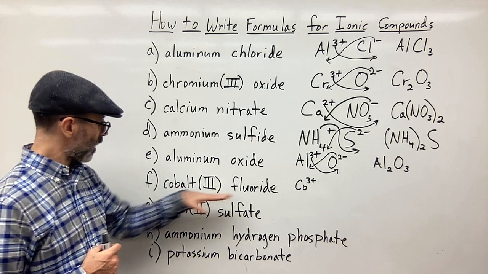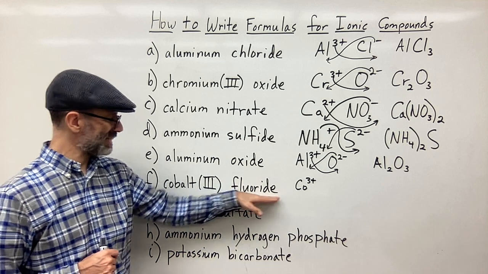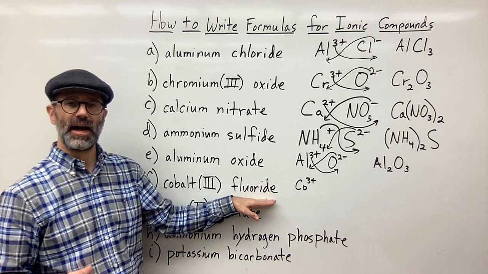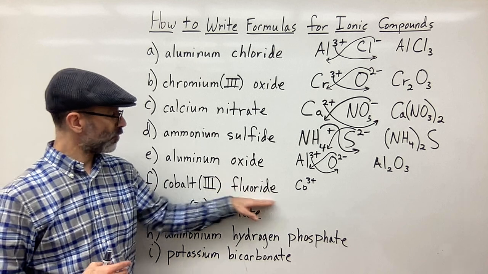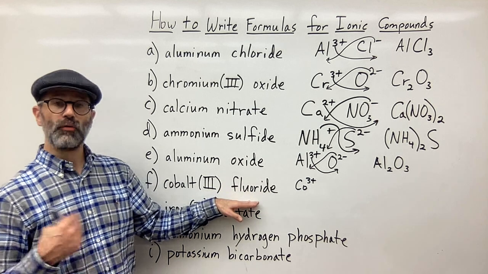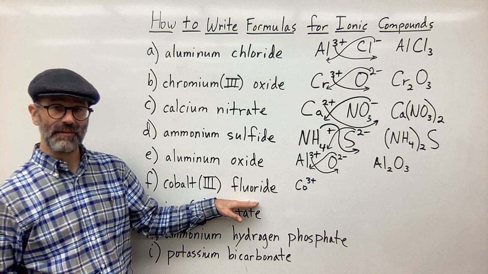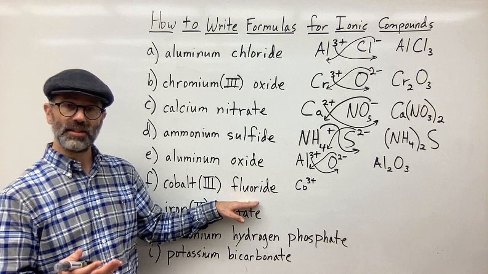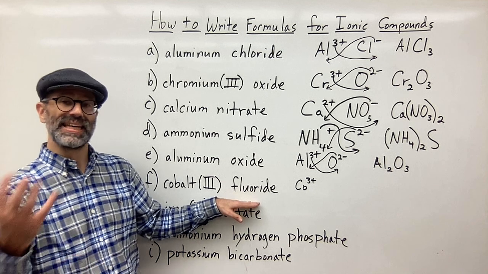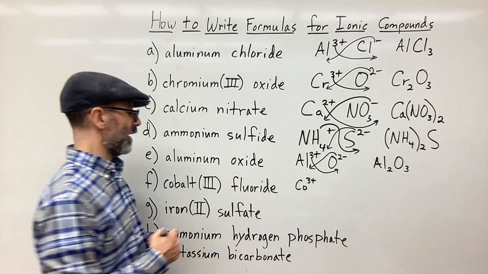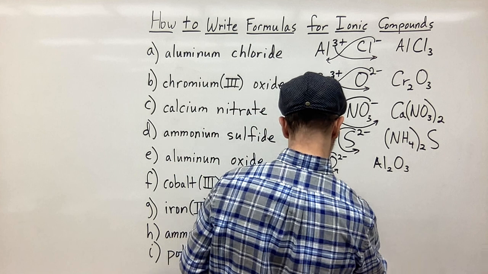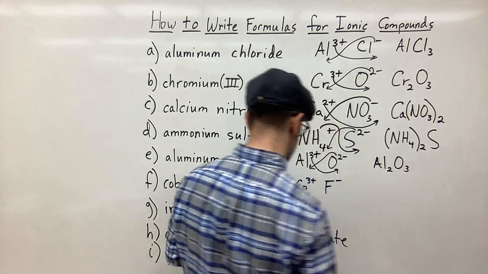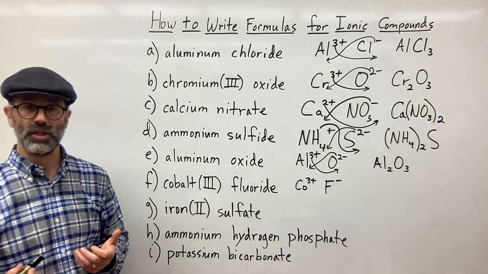And then we have fluoride. The -ide ending tells us it's a negative ion, monatomic, comes from fluorine. So fluorine is in group 7, 7 valence electrons. It needs 1 more electron to be like a noble gas, so it's going to gain an electron, and so it's going to have a negative charge, a -1 charge.